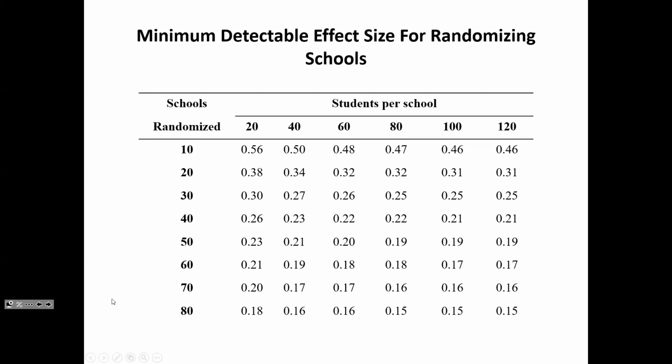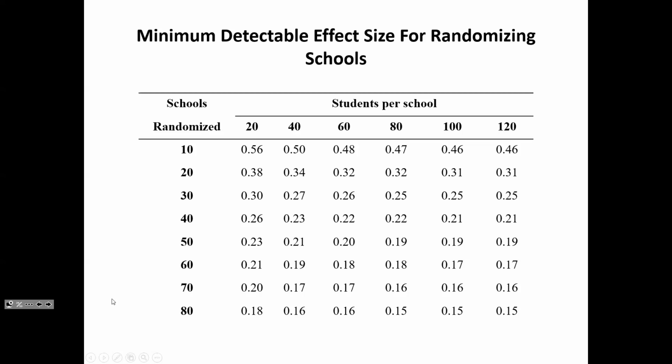Now, contrast that with 20 students per school, but I randomize 10 schools, 20 schools, 30, 40, 50, 60, 70, 80 schools. See how as I add schools that I'm randomly assigning to treatment and control, my minimum detectable effect size is dropping, right? And you can think about this: 10 schools with 100 students per school is 1,000 students.